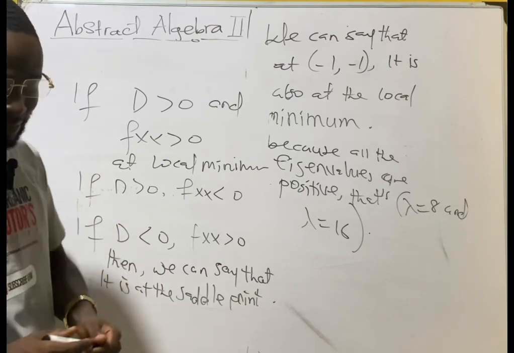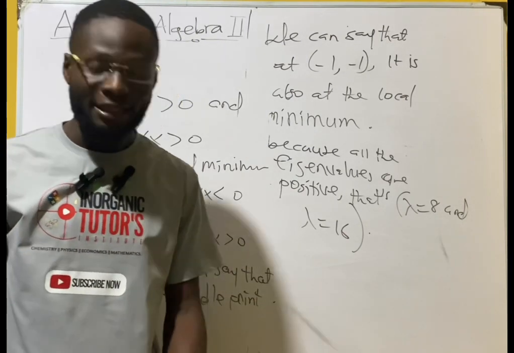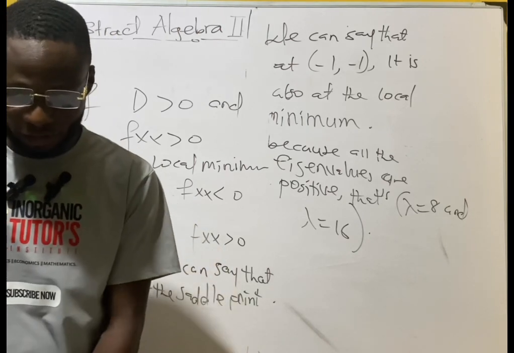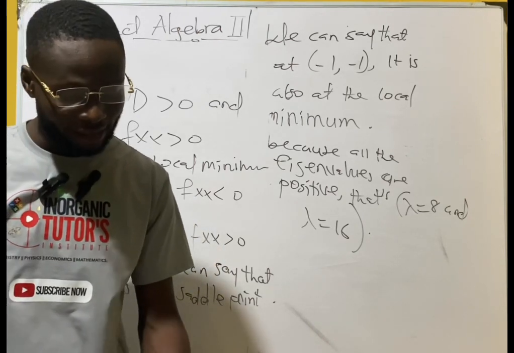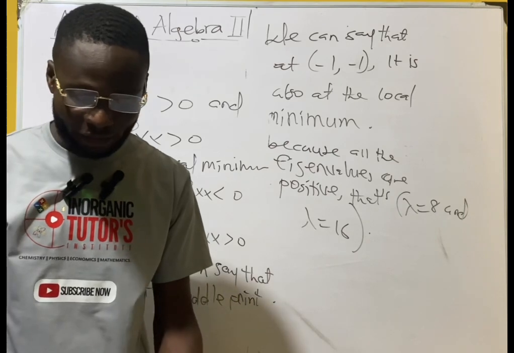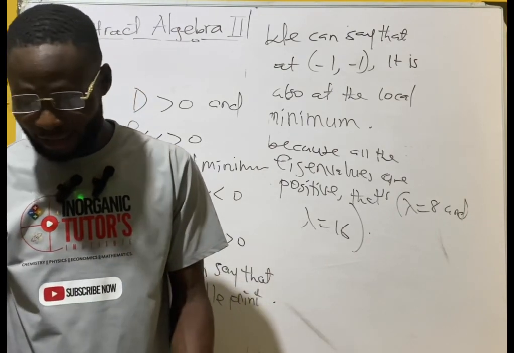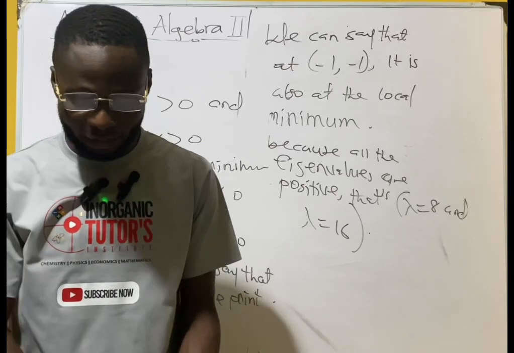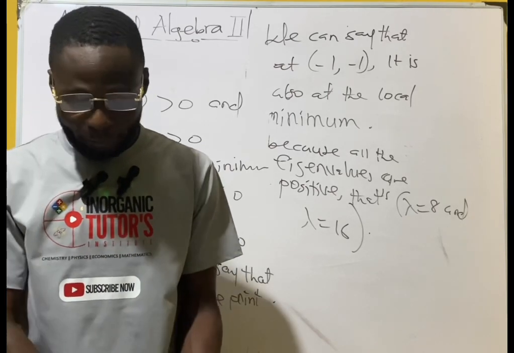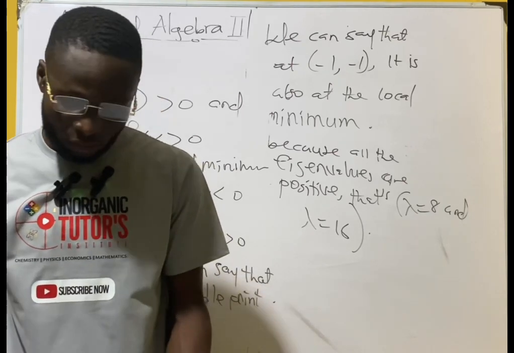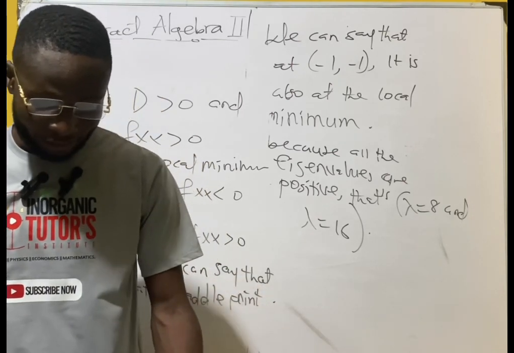If the determinant is less than 0 and fxx, which is the second order partial derivative with respect to x, is less than 0, then you can say that it is at the saddle point. That is an alternative way to also determine the local minimum, maximum, or the saddle point.